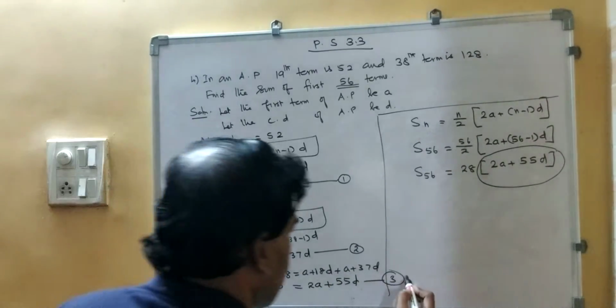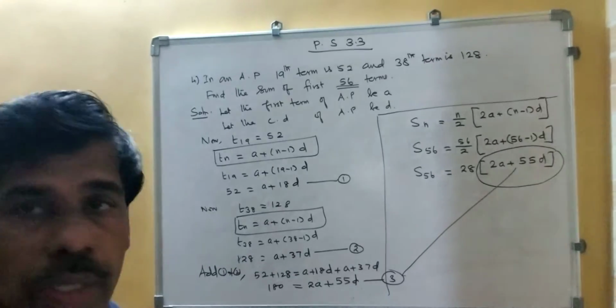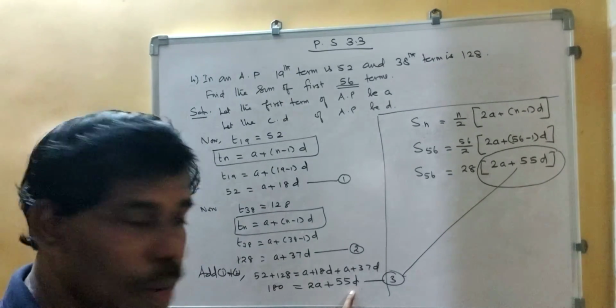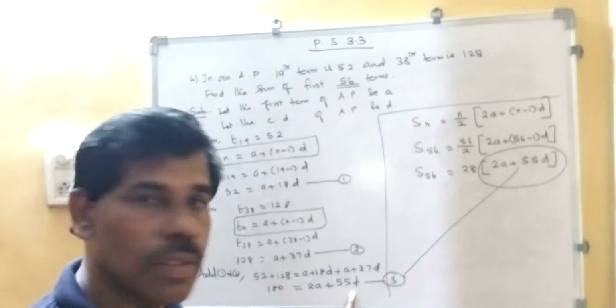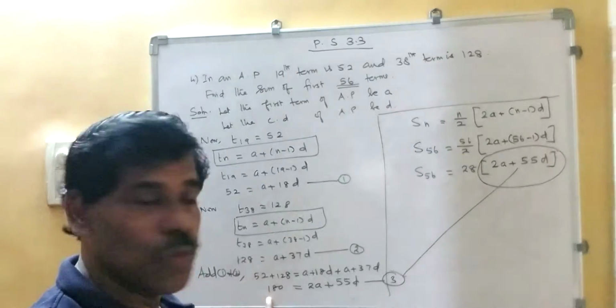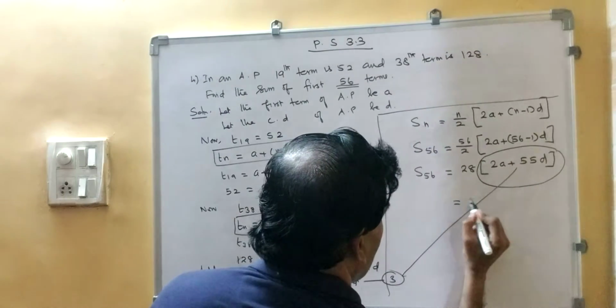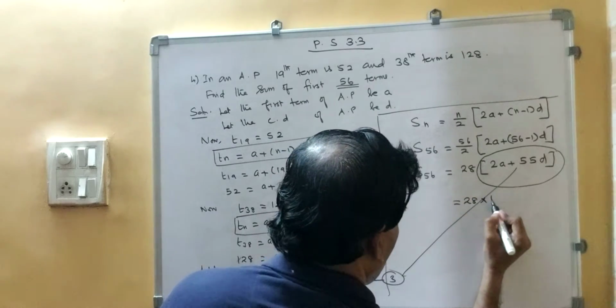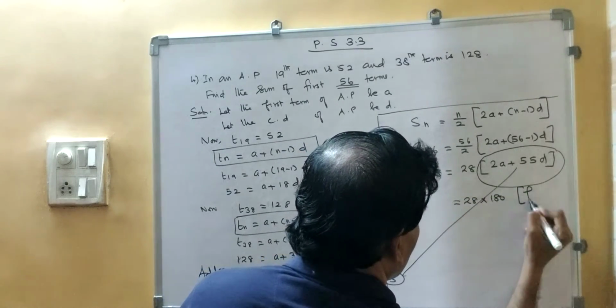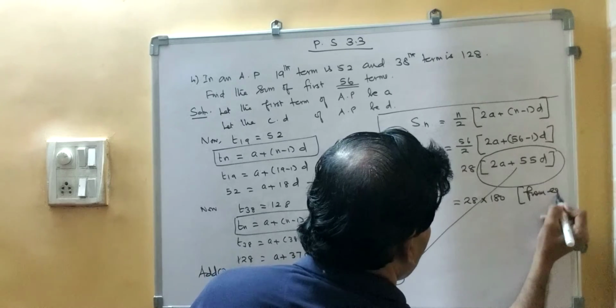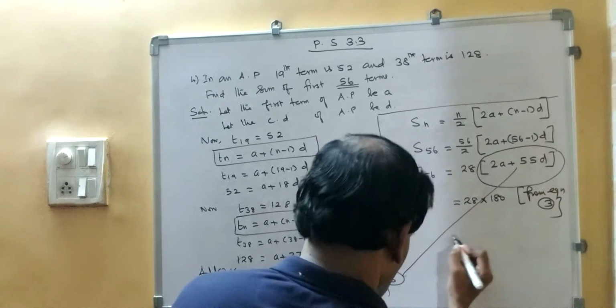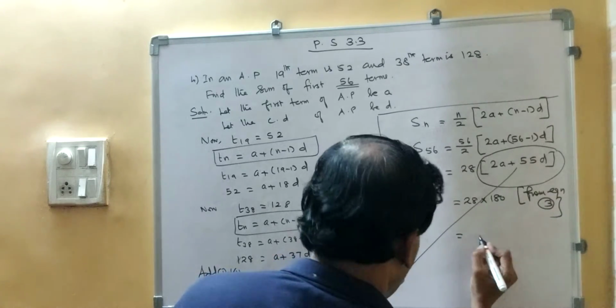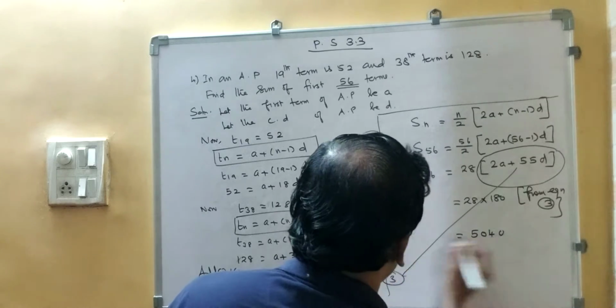Now, look at these two. See here, what is the value of 2a plus 55d? 180. So here we will write 28 into 180 from equation 3. So what will be the value? We will be getting 5040.